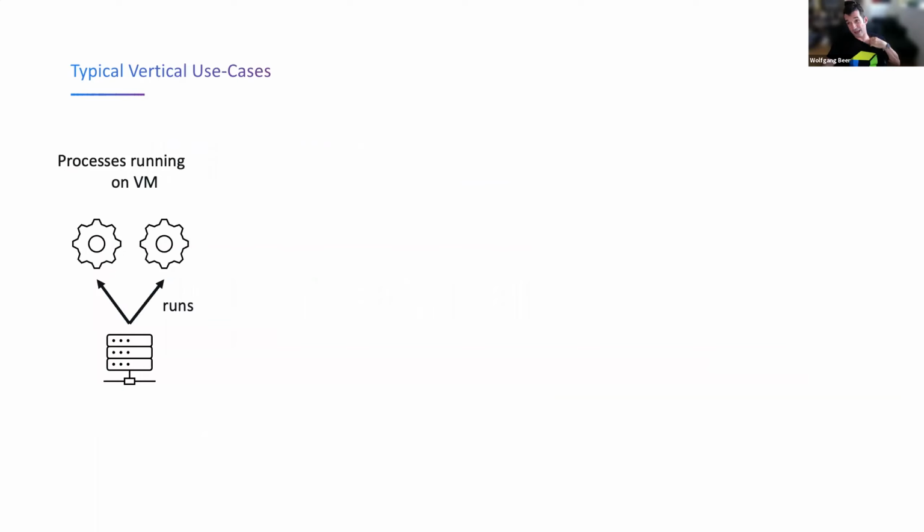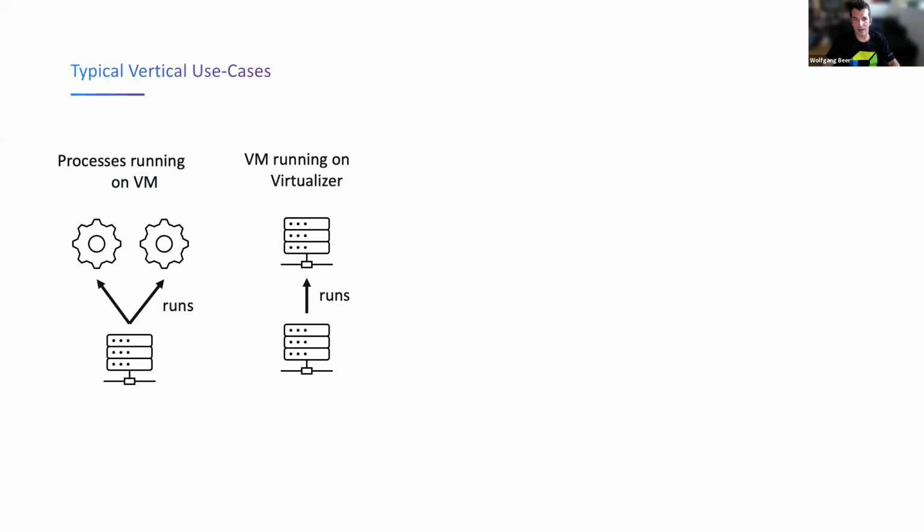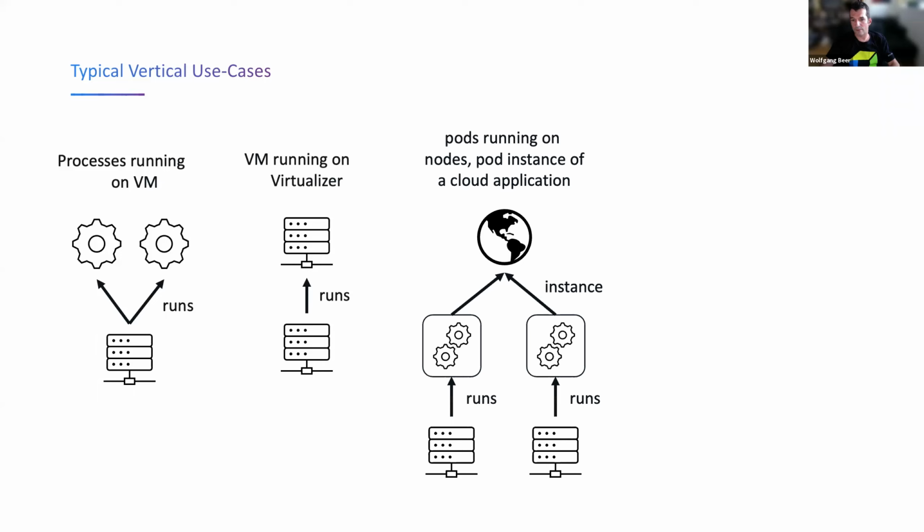I also have some use cases here that you can use. It's up to you in your own modeling. For example, the runs on relationship is used for VMs running on a vCenter or on a hypervisor. Or, for example, a pod running on nodes.